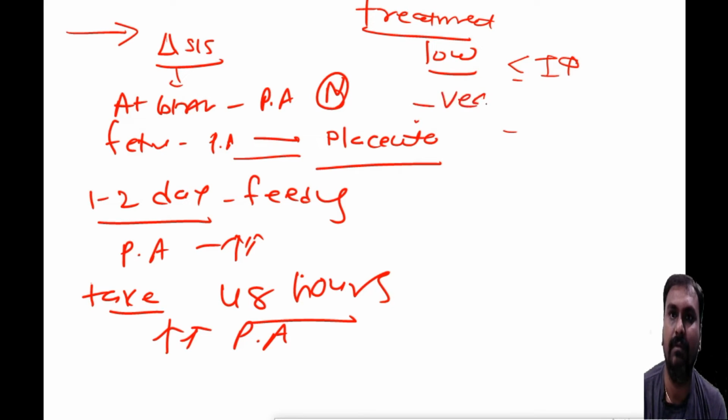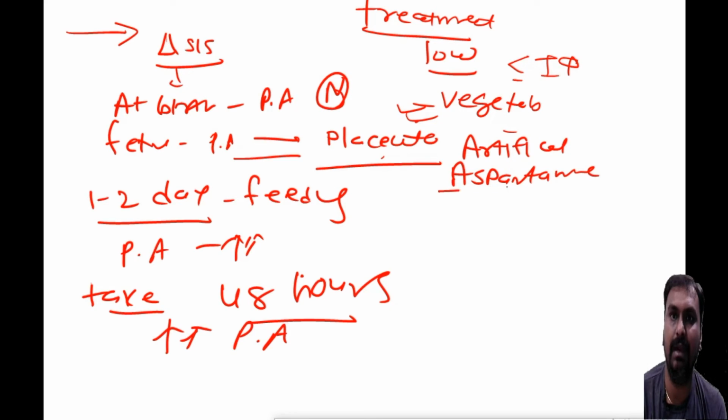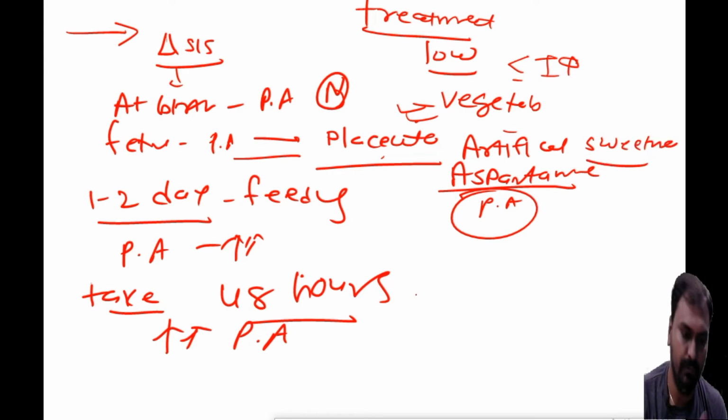We can give vegetables and fruits which are low in phenylalanine. And we have to avoid the artificial sweetener aspartame, which is a dipeptide containing phenylalanine. So we have to avoid this. This is very important.